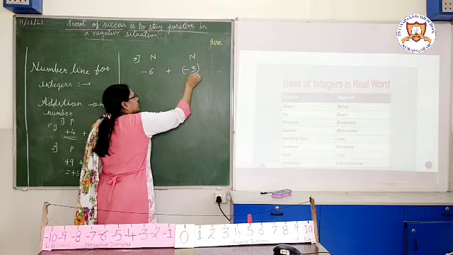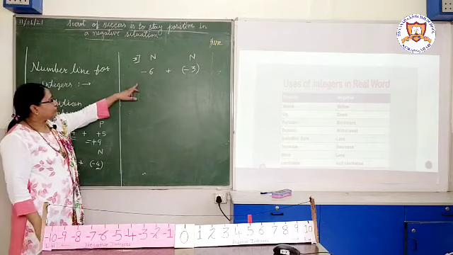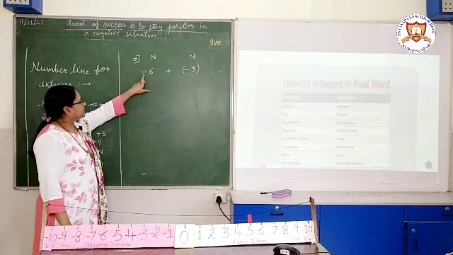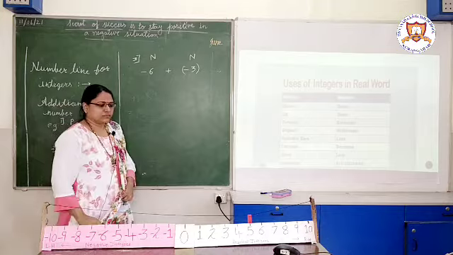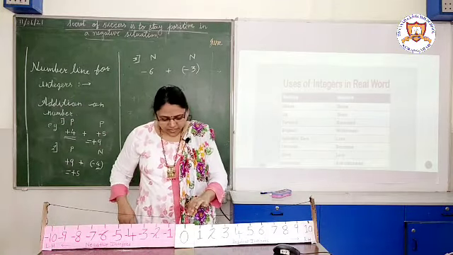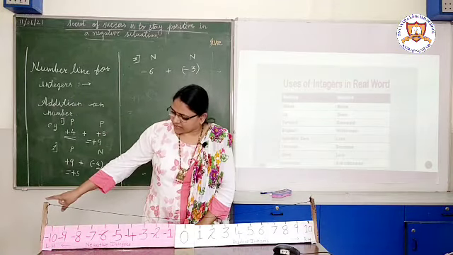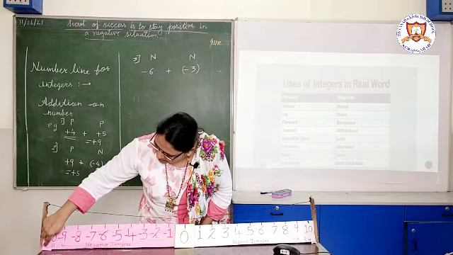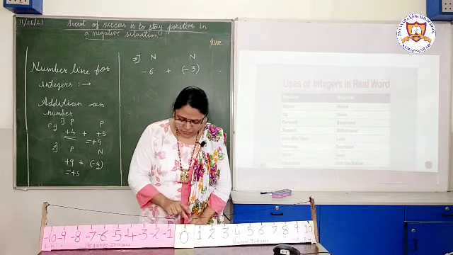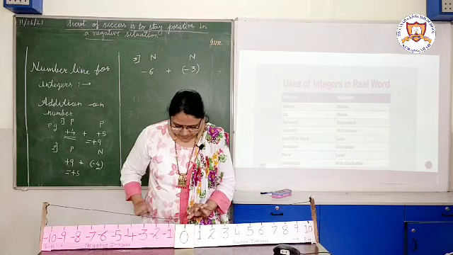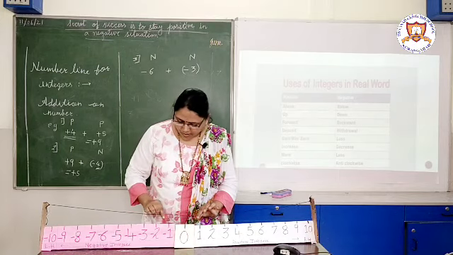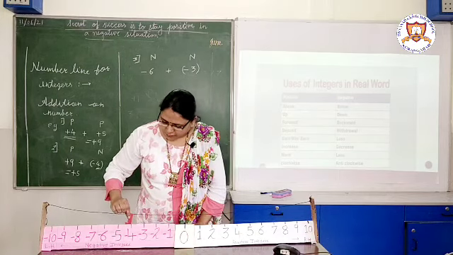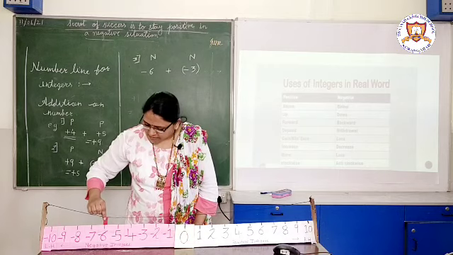First we have to move negative 6 from 0. Negative integers are present toward the left hand side, so we move first 6 steps: 1, 2, 3, 4, 5 and 6.